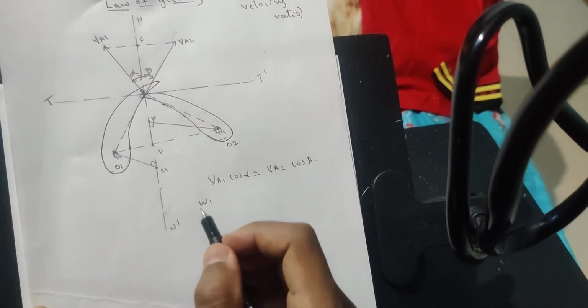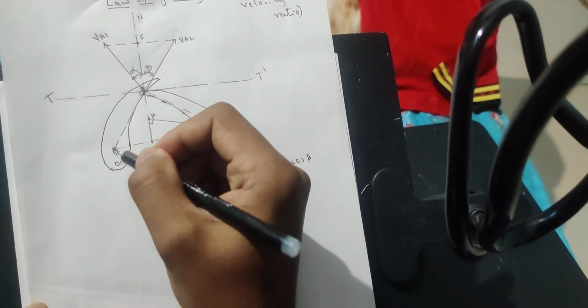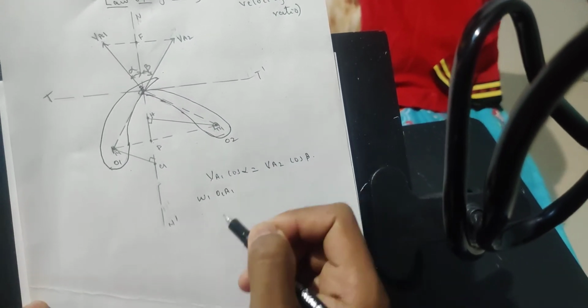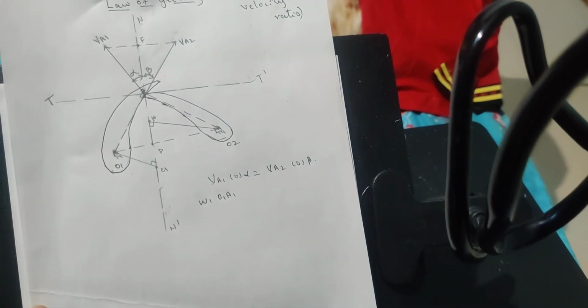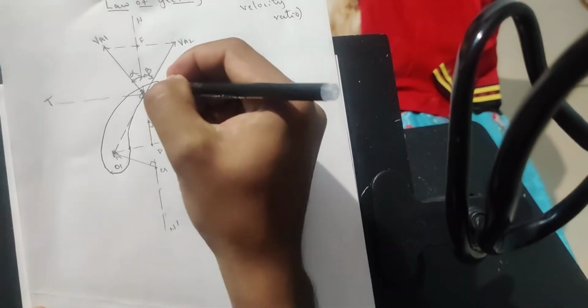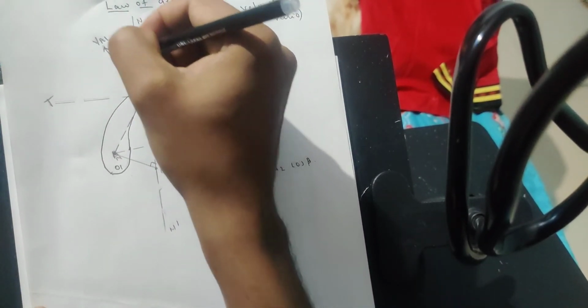What will be the radius of rotation? The radius of rotation will be O1A1. Now, what is cos alpha here? Cos alpha will be adjacent upon hypotenuse, or base upon hypotenuse. Adjacent will be this, hypotenuse will be this parameter.